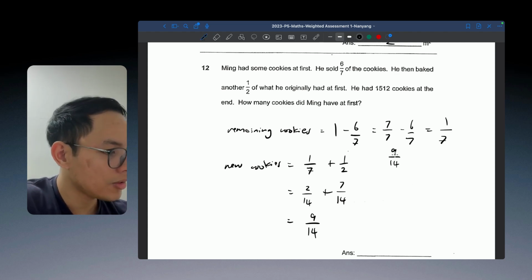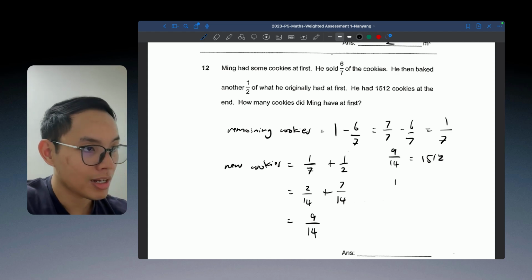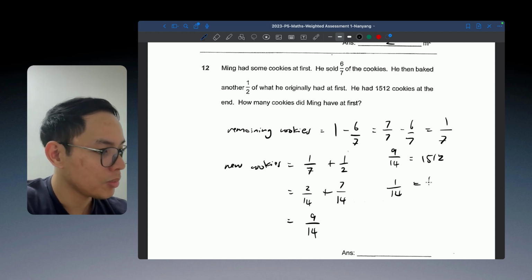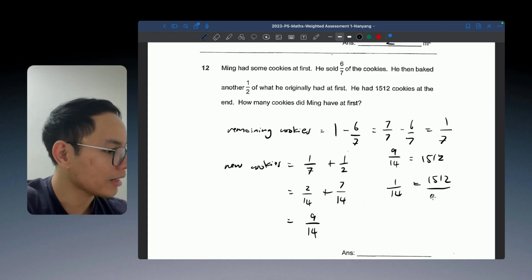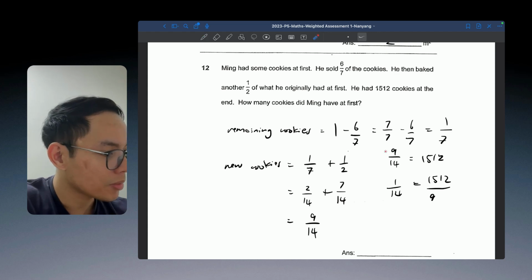So 9 out of 14 is equal to 1512, let me make it a bit clearer here. So what is 1 out of 14? It is 1512 divided by 9. As you can see over here, from 9 to 1, we divide by 9.